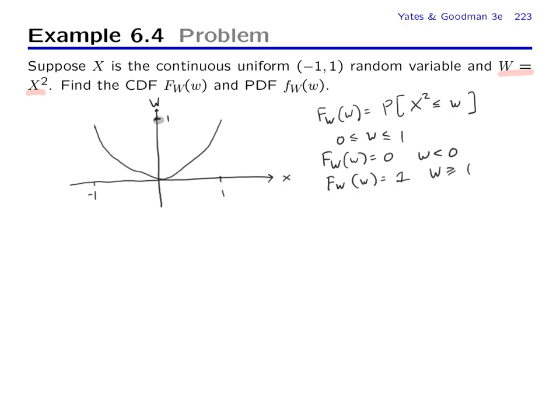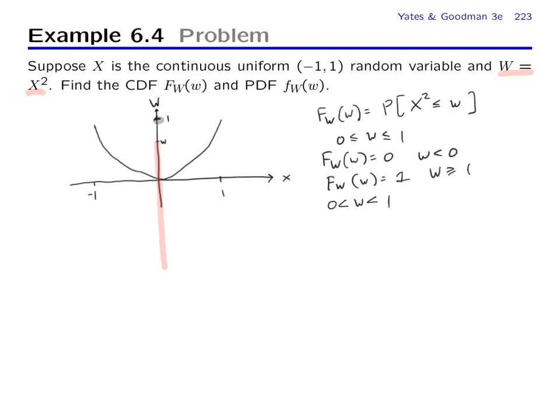So now we're just left with the tricky case when we have W between 0 and 1. In this case, you mark a value of W along the axis W. And if we think about this graphical method, we're interested in observing a W that is anywhere below this little w of interest that we've marked.